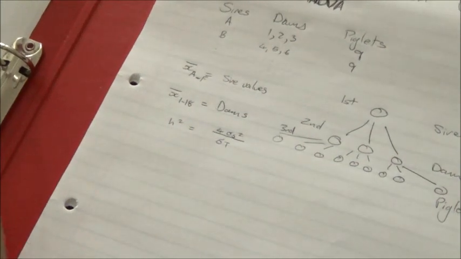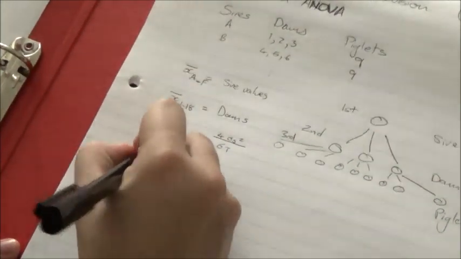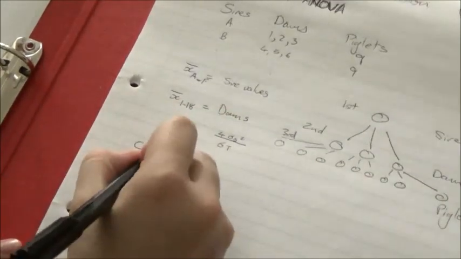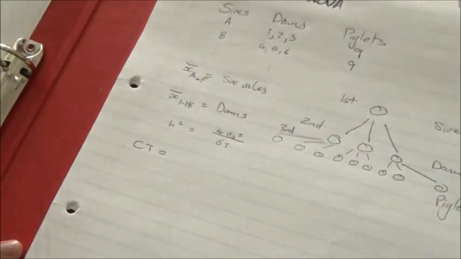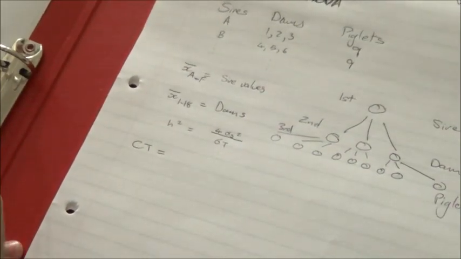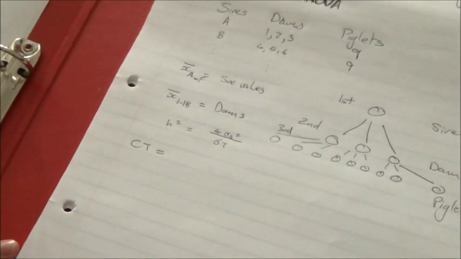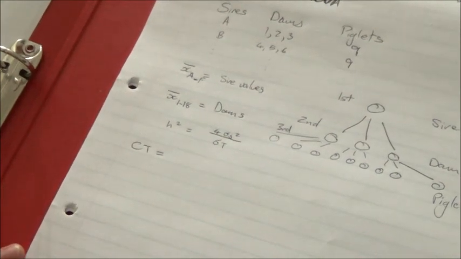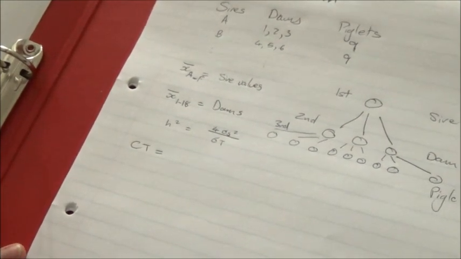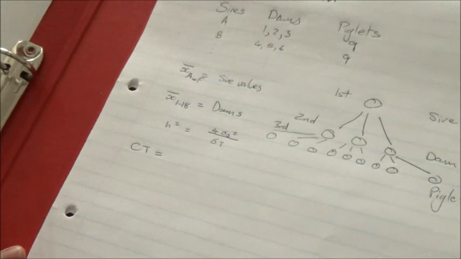Okay, so the first thing we're going to calculate is our correction factor, or our CT value. Most of you have heard of it before. And to calculate that, for now I'm just going to write down the formula, because writing down the full answers is going to take forever.